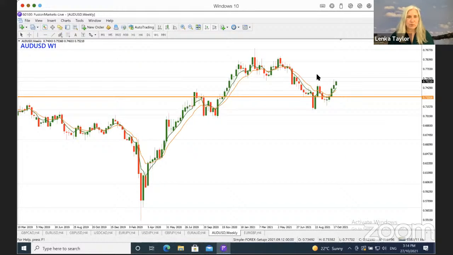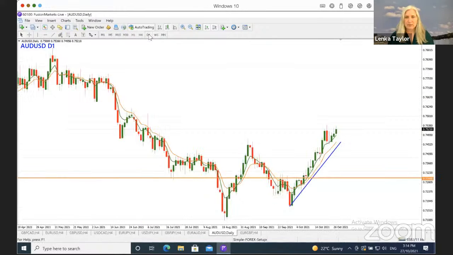So I'm also thinking I need to wait for the price action at that level to see what happens. So on the daily, obviously for the long, I'm waiting for a pullback at this stage to see if it comes back to the previous high or to that horizontal level.